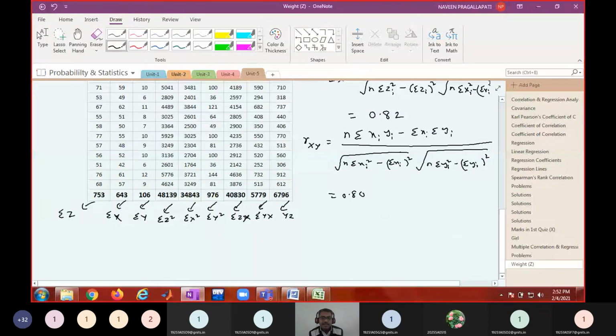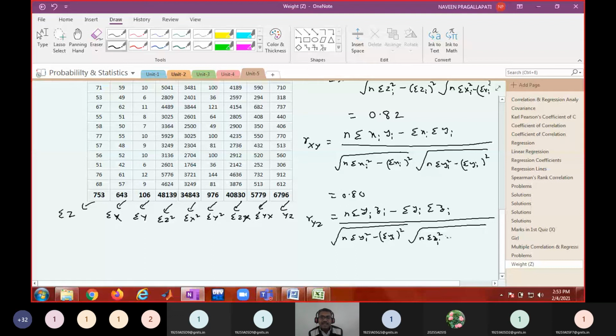Okay. So what is the next value? r yz. n into sigma yi zi minus sigma yi into sigma zi, divided by root of n into sigma yi square minus sigma yi whole square into root of n into sigma zi square minus sigma zi whole square.